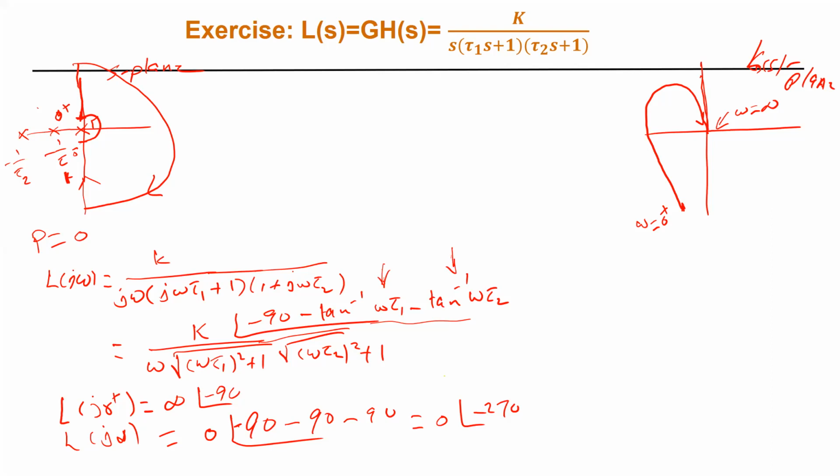From here you go to minus 270, so you must cut the real axis. But anyway, Abdurrahman, this is from experience. Or if you have a doubt, take any omega, if you know tau 1 and tau 2 exactly. Take a point, set omega equal to 1, 10, 100, and see where you are.